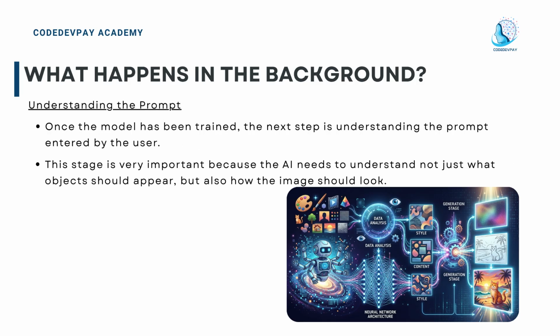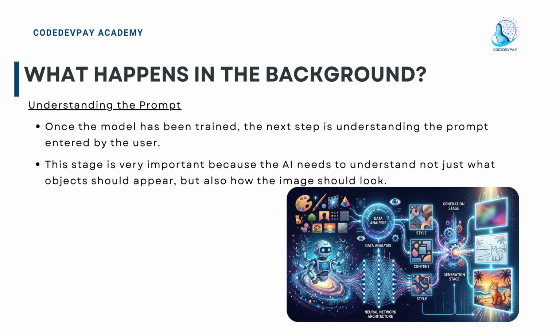And the second stage is understanding the prompt. Once the model has been trained, the next step is understanding the prompt that is entered by the user. For example, we have this prompt: a futuristic robot standing in a modern classroom, 3D illustration, bright lighting.